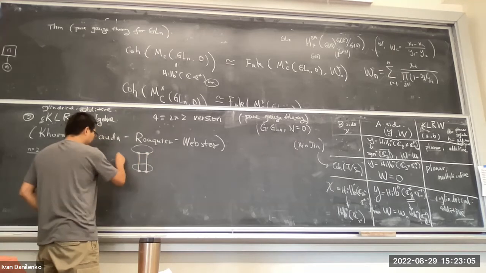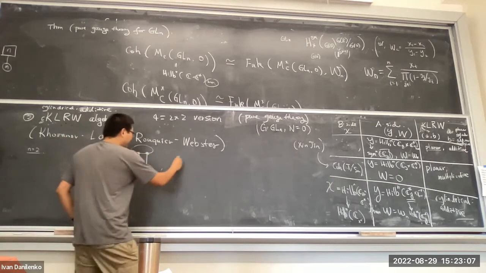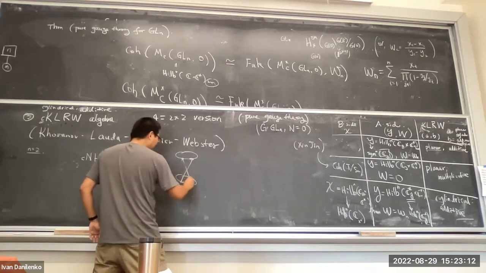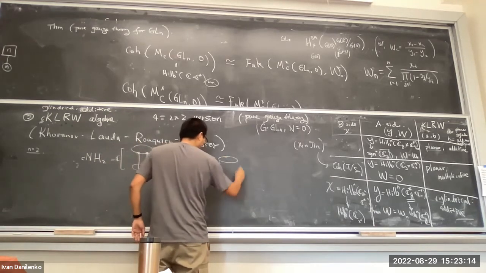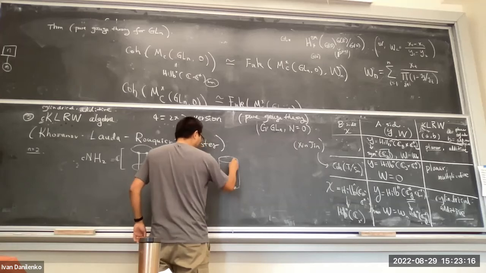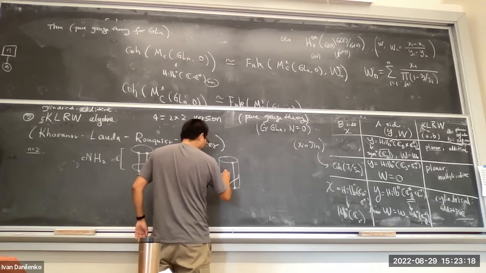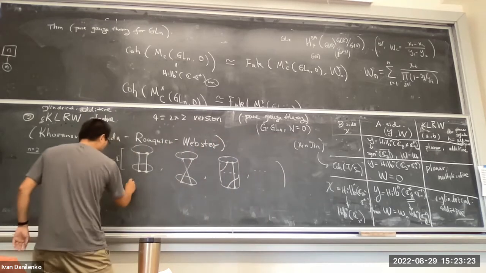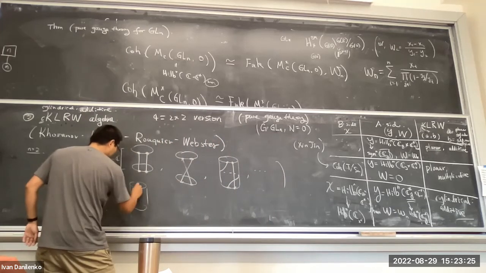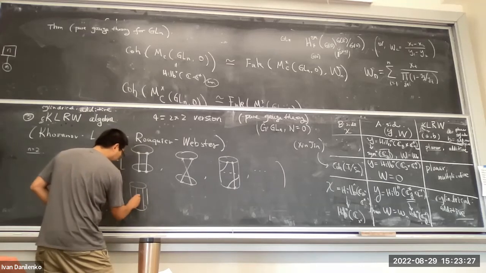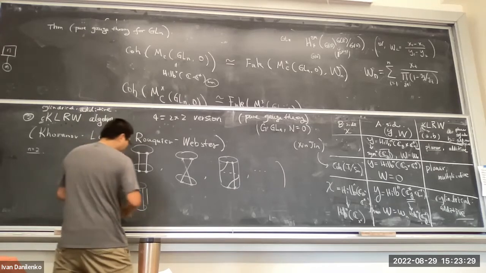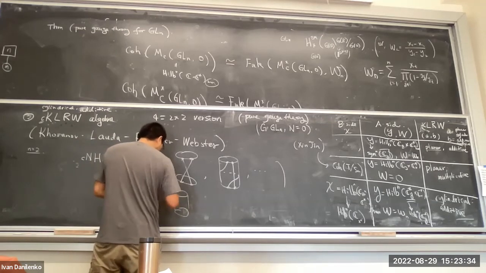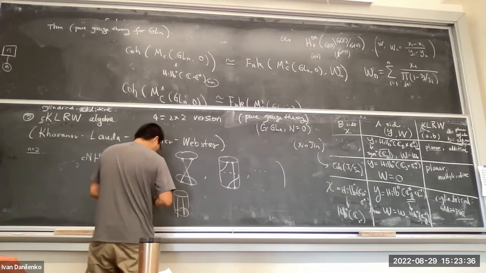You can have many ways, and you can also have dots. And there are certain computation rules.